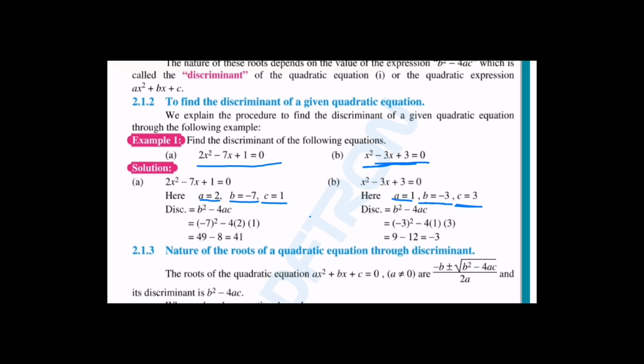Minus 3 square is equal to 9, and 4 multiplied by 1 into 3 is equal to 12. So 9 minus 12 is equal to minus 3. So here the discriminant is positive, and here the discriminant is negative, less than 0.